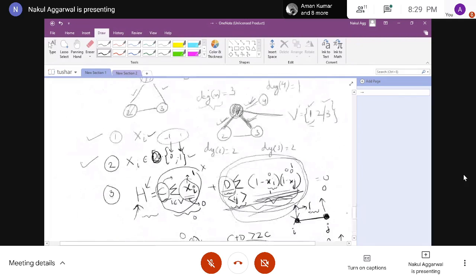In programming, what we do is just take C outside. It does not matter because these are just constants. You get D by C.